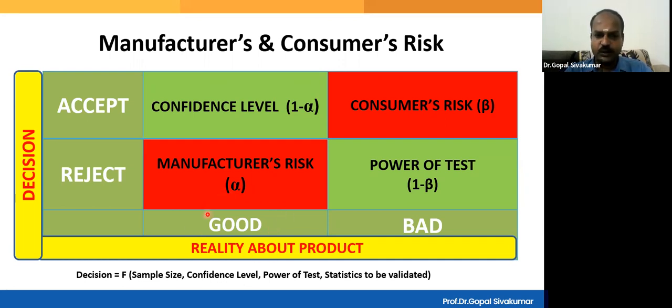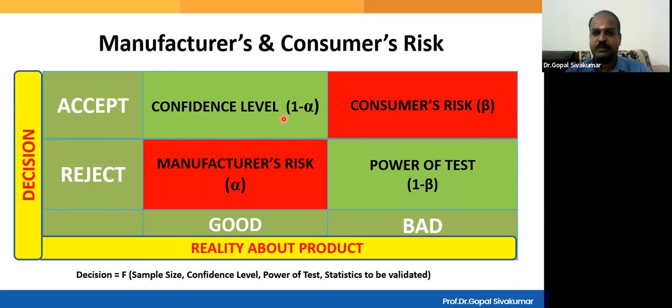See here, the lot is good and it is accepted all the remaining 95% of the time. This 95% is called confidence level. So what is confidence level? The ability of your sampling study, right, where what you observed in the sample and what you are going to observe in the population are the same.